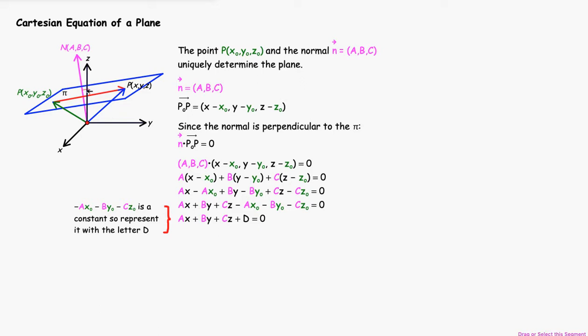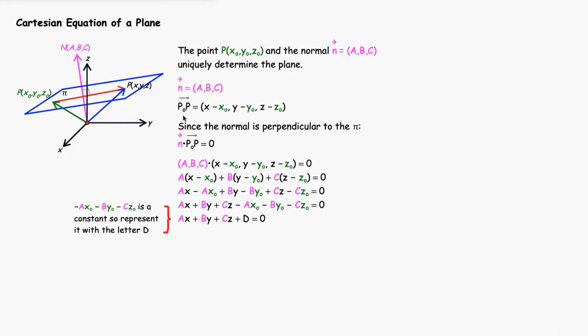So what we're going to do now is extend what we did before. The normal is perpendicular to this red vector here. That means the dot product of these two should be 0. So we're going to start with the normal, which we said was A, B, C. The vector P naught P can be found by translating the tail to the origin, which means subtract x naught, subtract y naught, and subtract z naught.